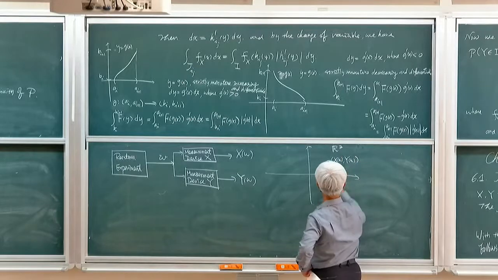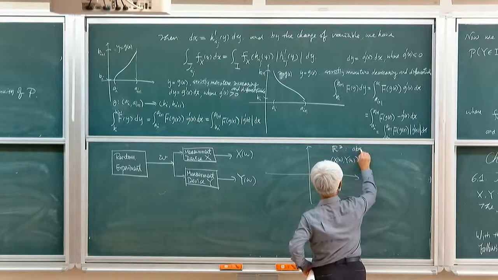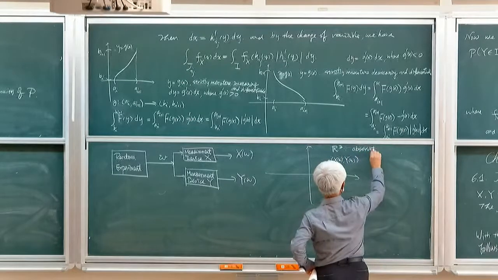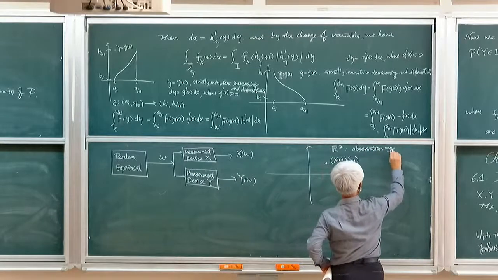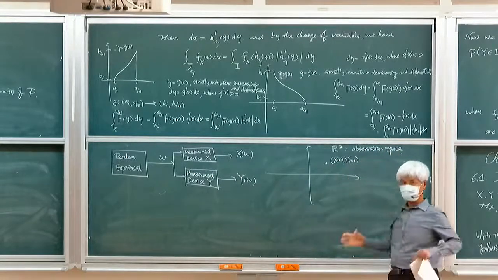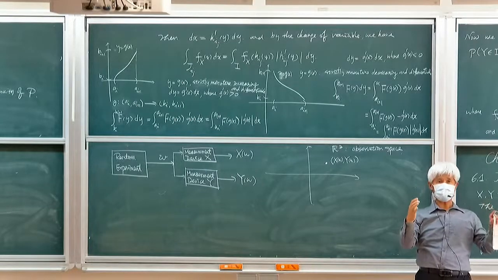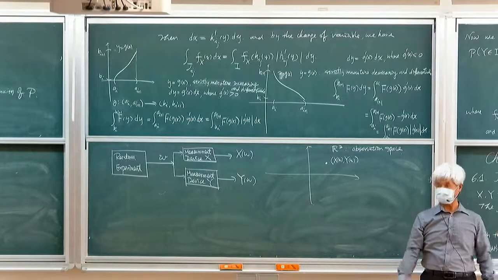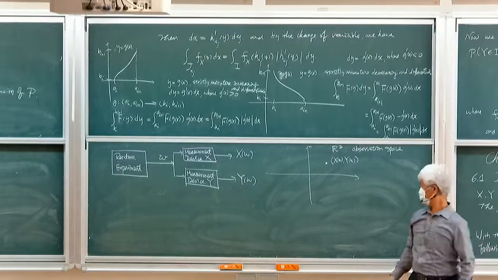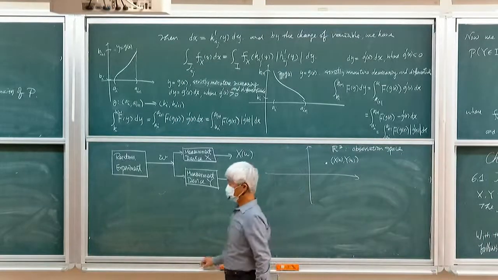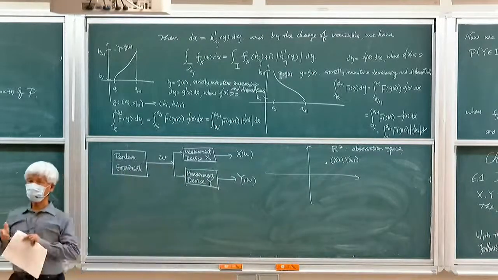So this would be our observation space, which is a plane. Okay, because we observe the result of two measurement devices simultaneously.